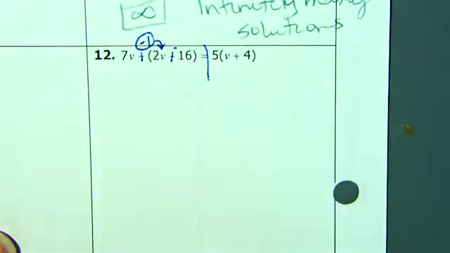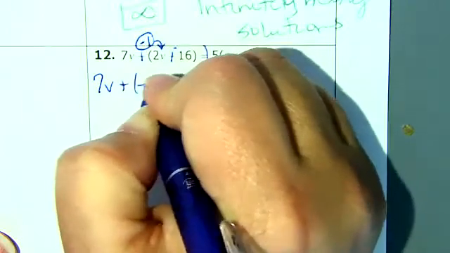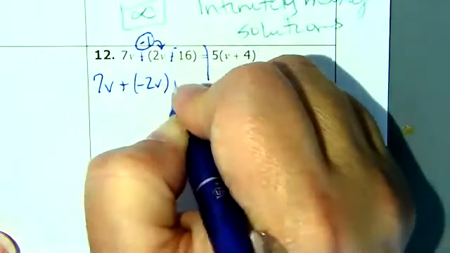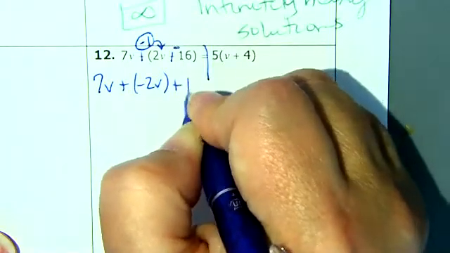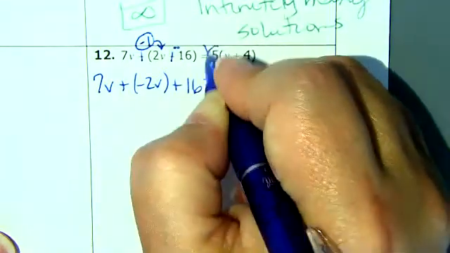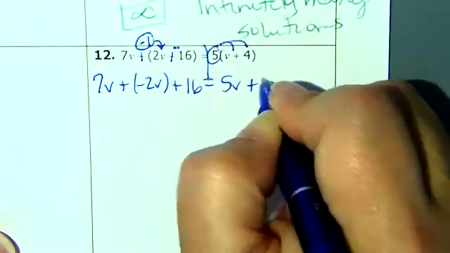So my first step is to simplify each half. So I'm going to end up with 7v plus negative 2v plus negative 1 times negative 16 gives me a positive 16 equals, now I distribute this 5, so I have 5v plus 20.